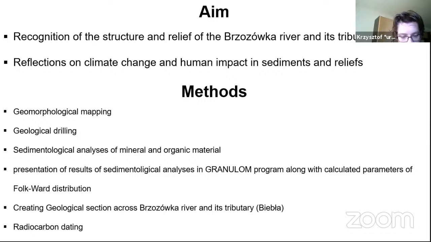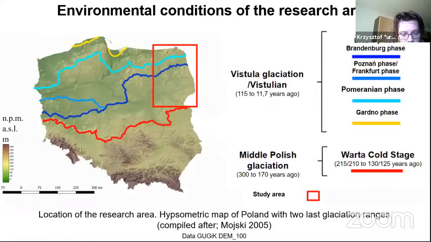We use many methods to investigate this problem. The research area is located in northeastern Poland, in the Podlasie voivodeship.